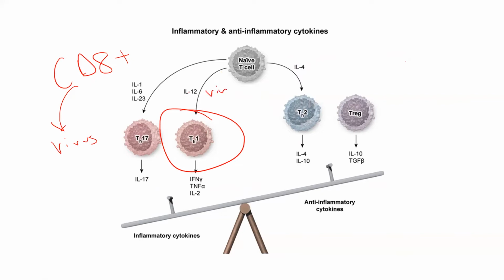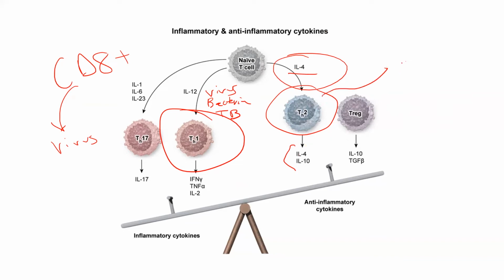But virus over here, bacteria, and TB. Now, on the other hand, we can have these cells over here. IL-4 is for your Th2 type helper cell. Most of these are not super important. You could study them a few times so you know that they're being secreted, but I would just remember the IL-4 in regards to the Th2. Now, Th2 responds more to parasites and fungus.